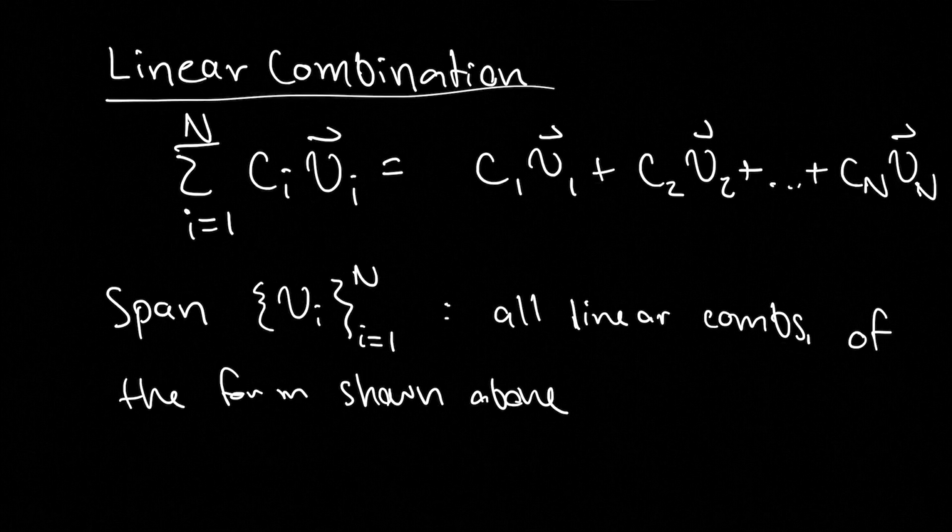In other words, in the expression shown here, just select every possible combination of values c1, c2, all the way up to cn, and that full set of all of the possible combinations of values of c1 all the way through cn will give you the full set of linear combinations, which is the span of these vectors v1, v2, v3, all the way up to vn.